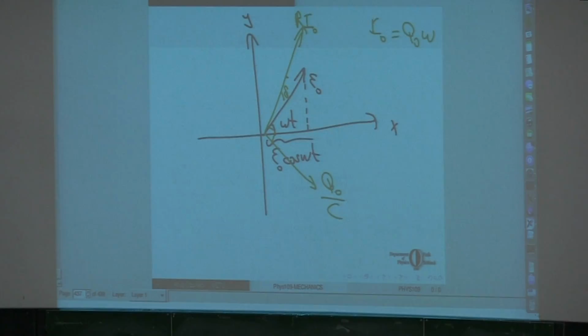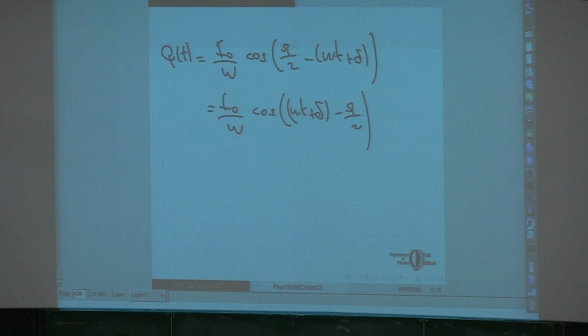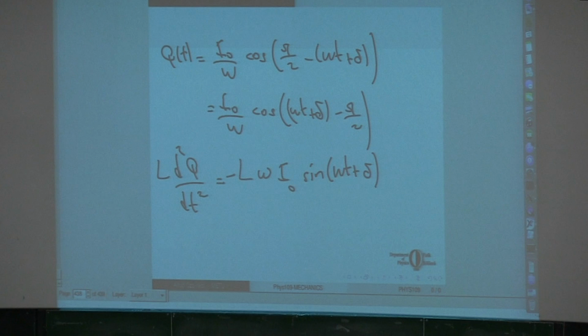So it is L d squared Q by dt squared, which is minus L omega Q0 I0 sine omega t plus delta.